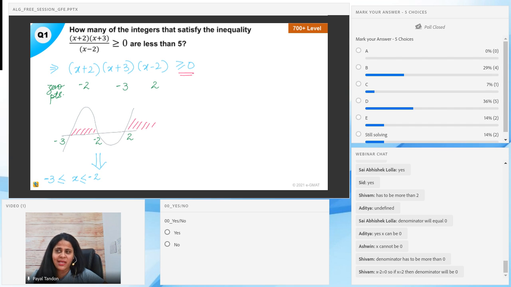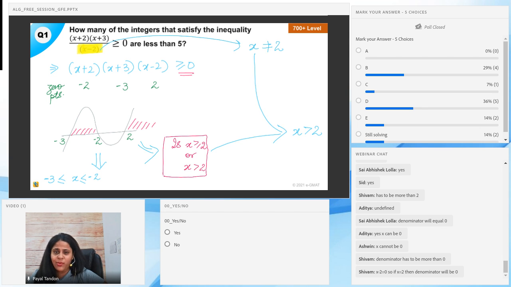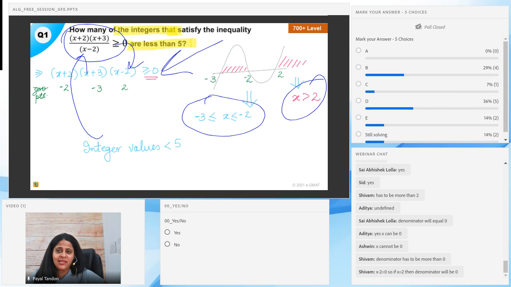-3 is less than or equal to x is less than or equal to -2. But as Shivam has already said, and a number of you have said, x cannot be equal to 2, which means you have to remove that value, and we get these different values over here.